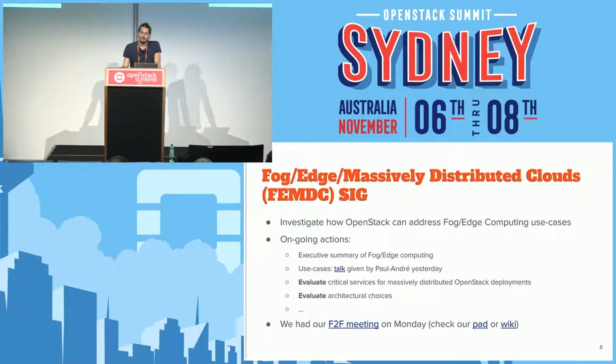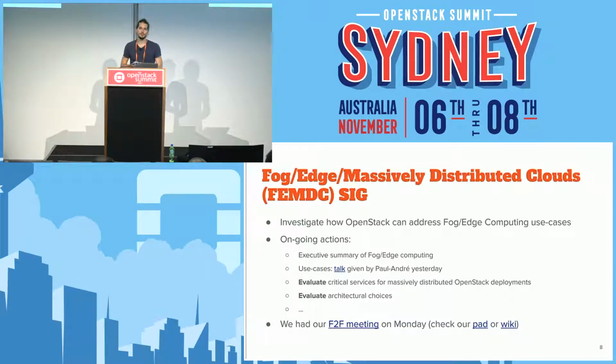So this group is now a SIG, and the goal of this SIG is to gather the OpenStack community around the question of how OpenStack can address Fog and Edge computing use cases. So we have indeed various ongoing actions, like providing an executive summary of Fog computing to the community.